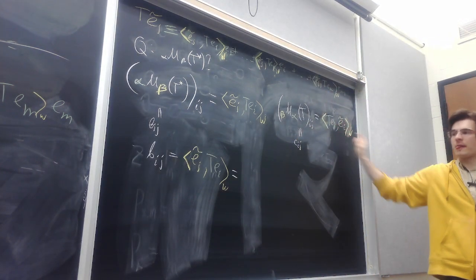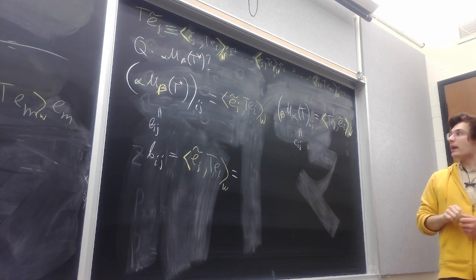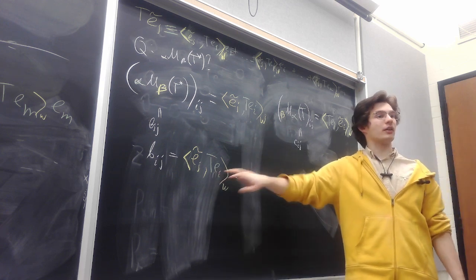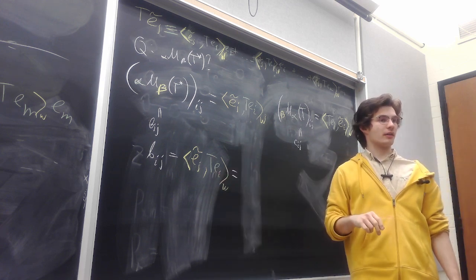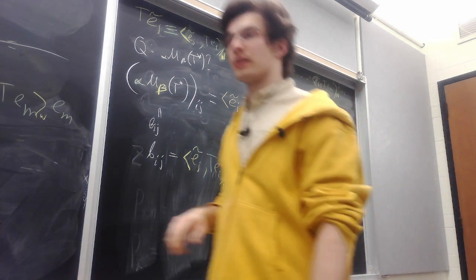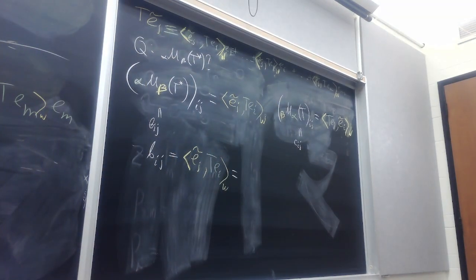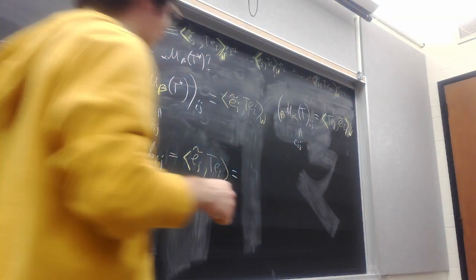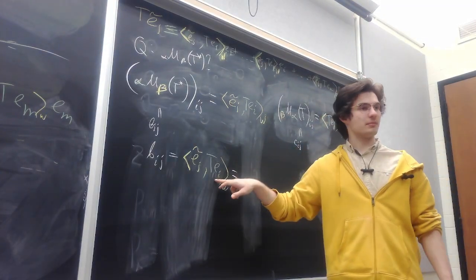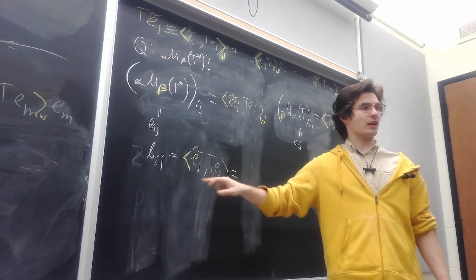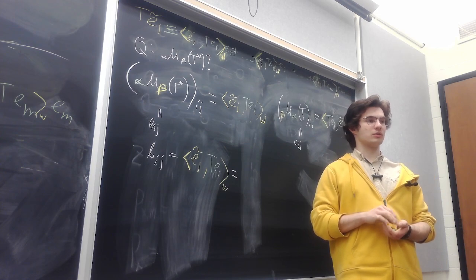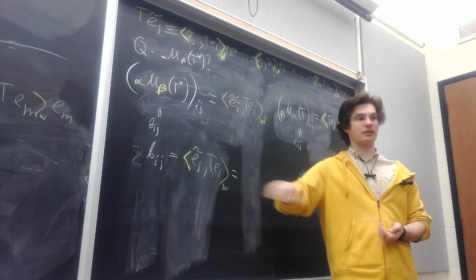So what do we have that's different here? Where's the T on this side? Here it's on the right. Here the T is on the left. So we want to make this T on the right appear on the left. How do we do that?